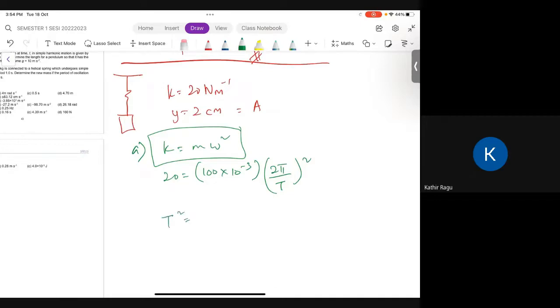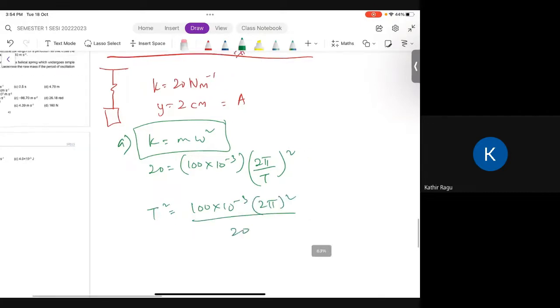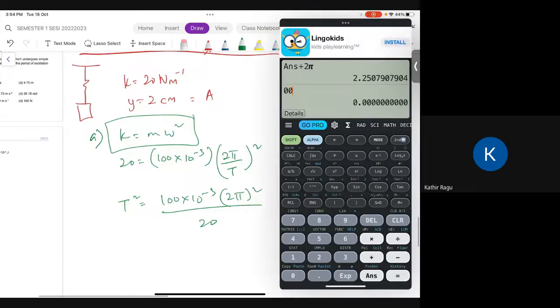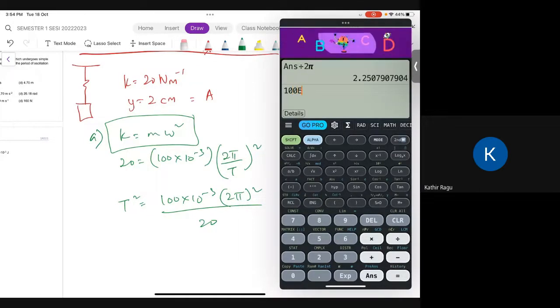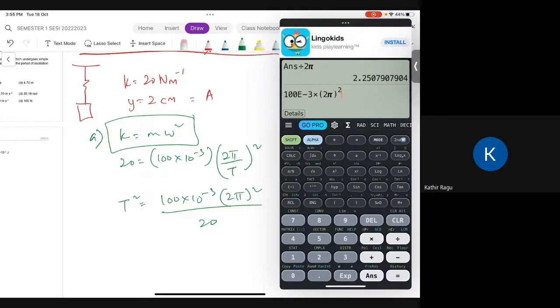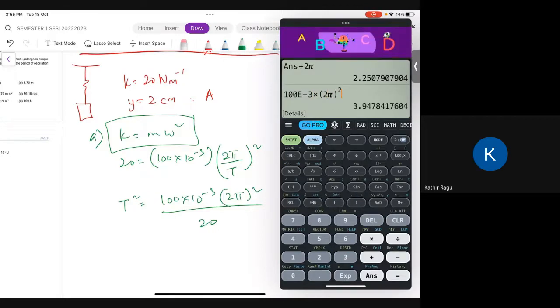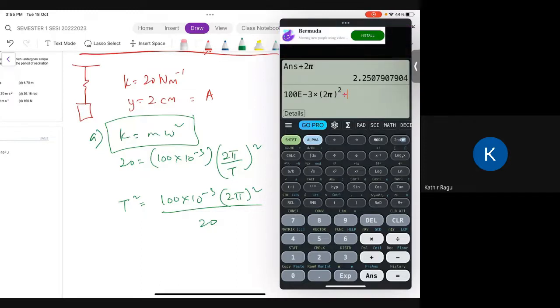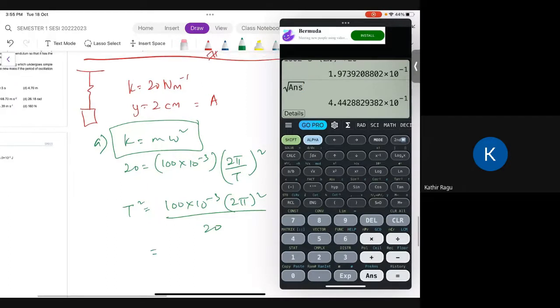So T squared equals to 100 times 10 negative 3, 2 pi squared divided by 20. Dia dah negative 3 times, bukan pi, 2 pi bracket squared divided by 20. Okay, and then square root answer. So your answer will become 0.44 second.